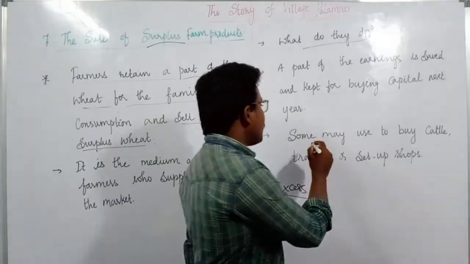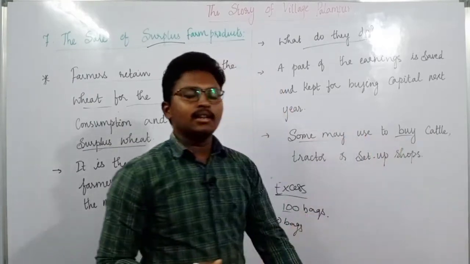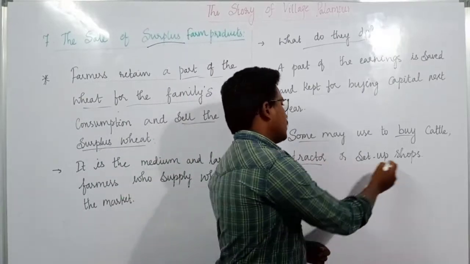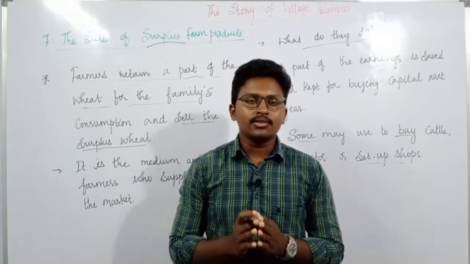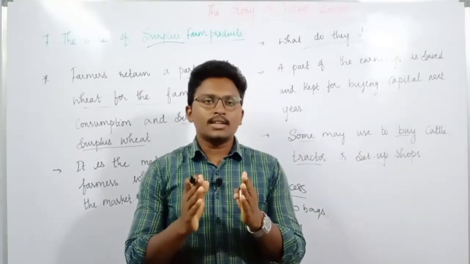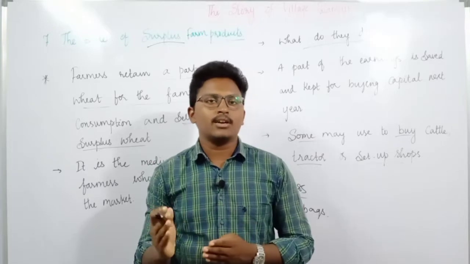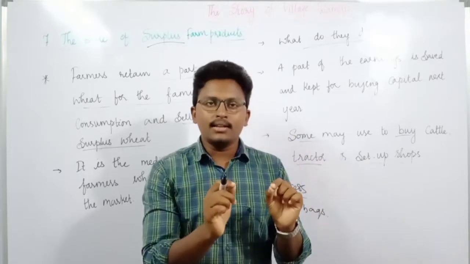And some farmers may use it to buy cattle, sometimes they may also buy a tractor, or sometimes they may set up shops. So what we are trying to say here is that the extra surplus produced, especially by medium and large farmers, is taken to the market and sold.